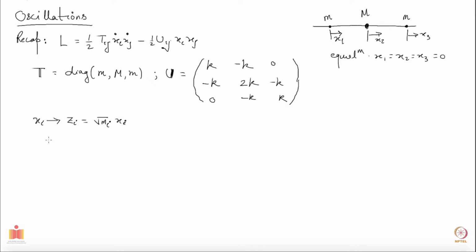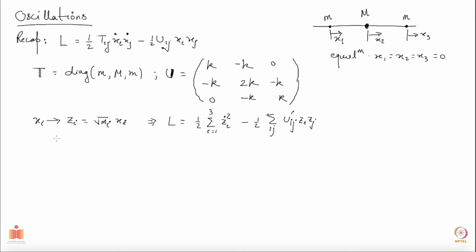If you do so, then your Lagrangian becomes half zi dot square, that's the kinetic term, minus half U prime_ij zi zj, where i and j run from 1 to 3. And U prime will still be a symmetric matrix.